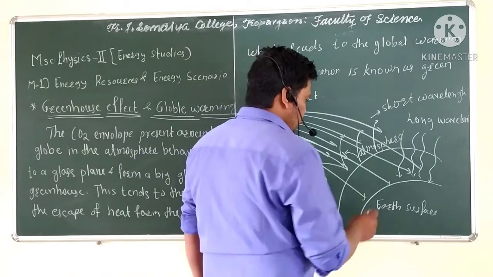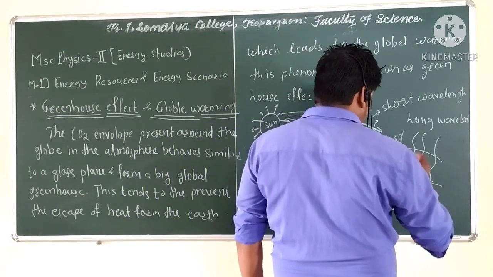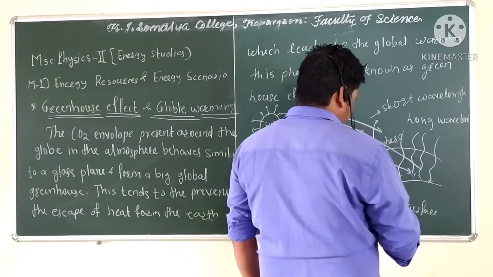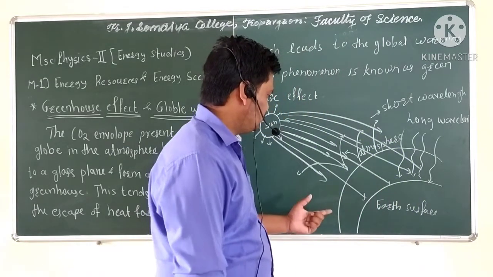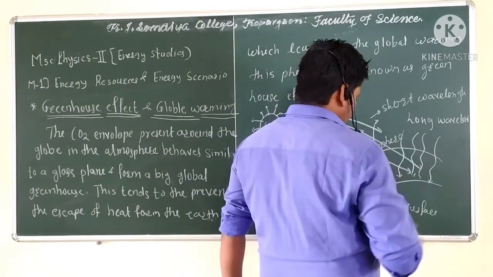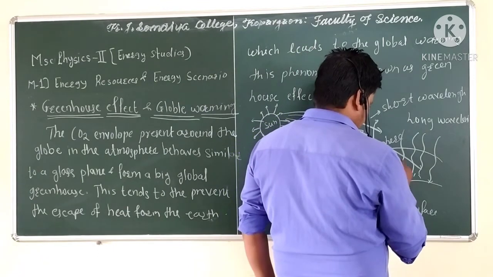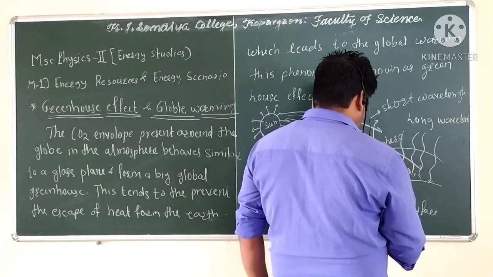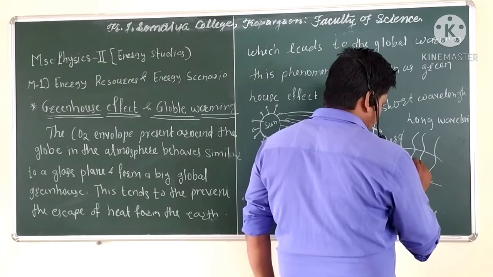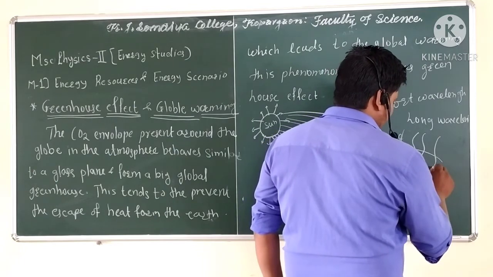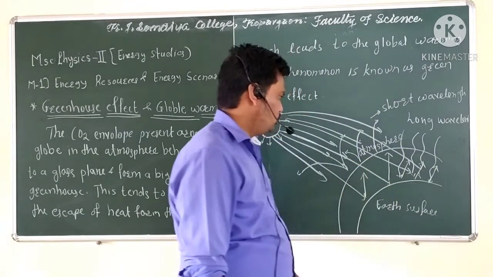And when it is incident on the earth surface, some radiation will be absorbed and some radiation will be reflected or emitted back again. That emitted or reflected radiation goes into the atmosphere.